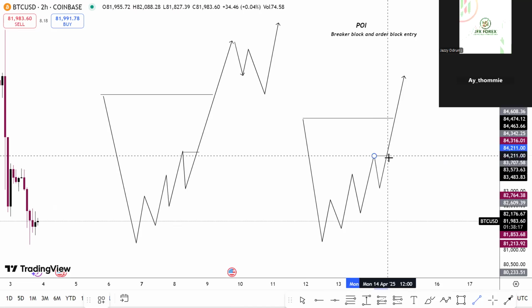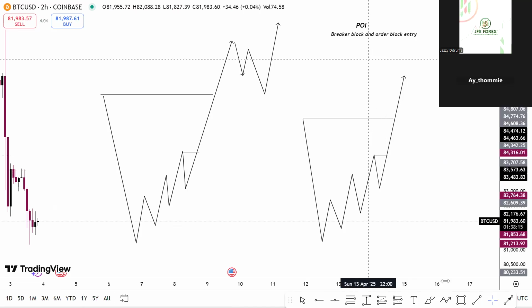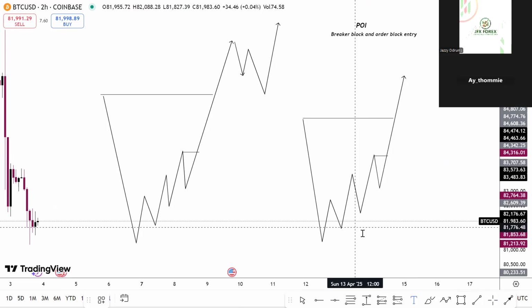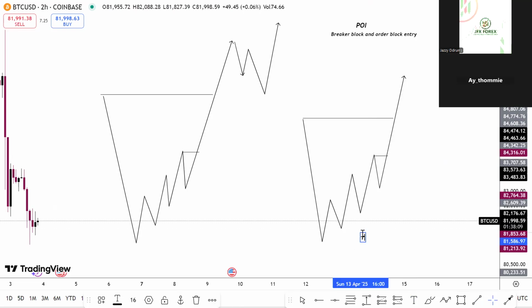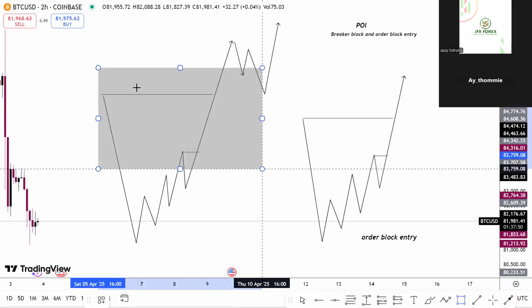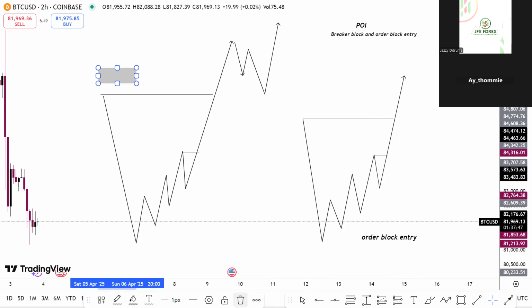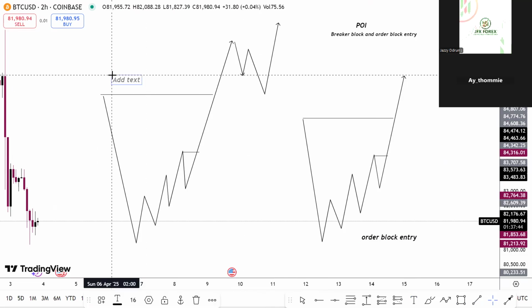So now I'm going to use this particular image, let's use this as the order block entry, and I'm going to use this guy here as a breaker block entry.